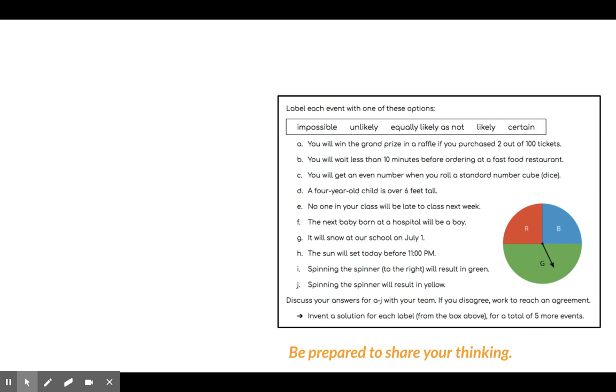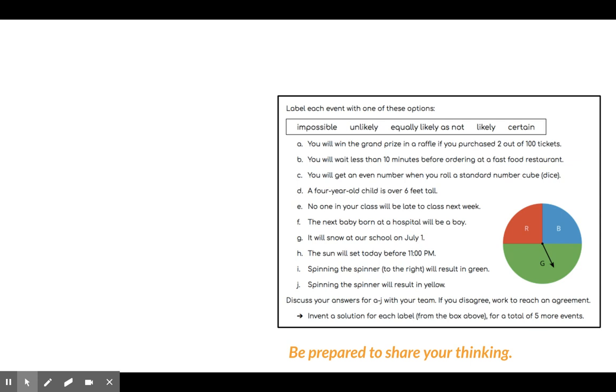So let's take about 6 minutes of work time and I want you to answer letters A through J, just thinking about whether these situations are impossible, unlikely, equally likely as not, likely, or certain. And you can type your answers next to the situation. Afterwards, we will come back together to discuss these as a whole.